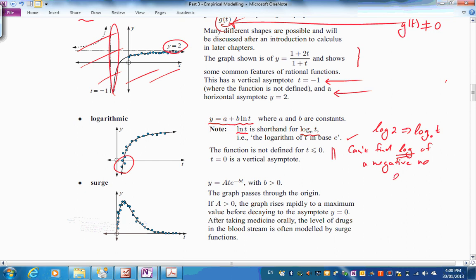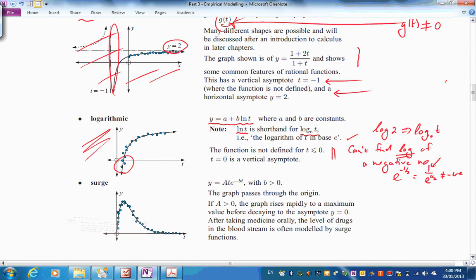You might say, well, I'll raise it to a negative power, e to the negative a half. No, all that means is 1 over e to the half. It doesn't make the answer negative. The negative in an exponent means 1 over. So it's never equal to a negative number. So you can't find the log of a negative number.